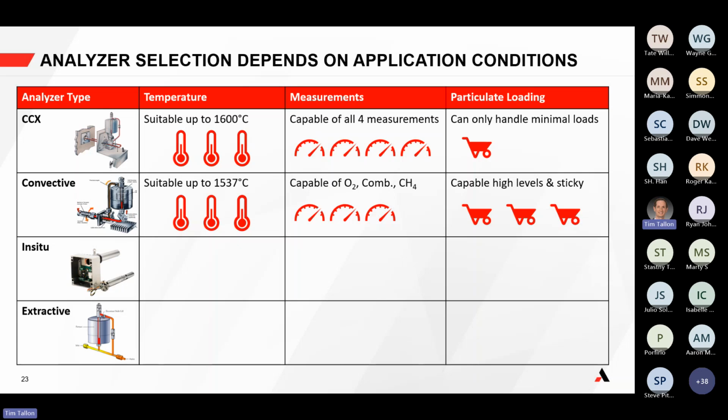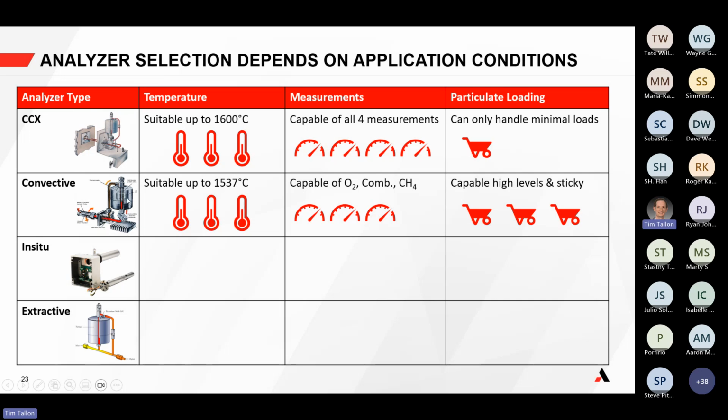If you start to have higher and higher levels of particulate, more sticky particulate, the second fastest would be the convective type, which would be suitable for up to a little bit over 1500 degrees Celsius, like 2800 degrees Fahrenheit. In this case, it's capable of oxygen, combustibles, and methane measurements, but flow is not as easy to measure with the slower convective forces of a convective design.